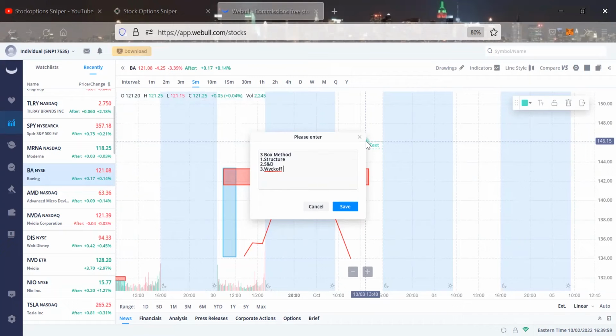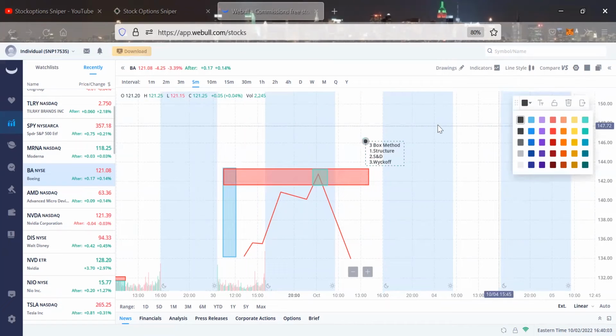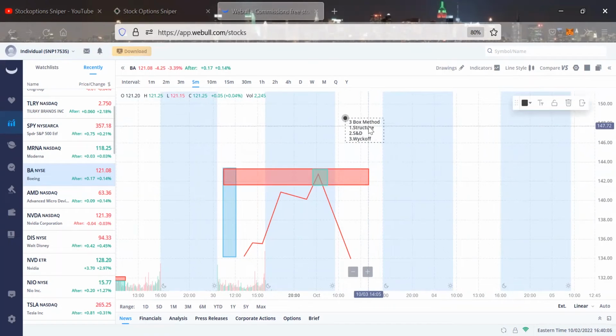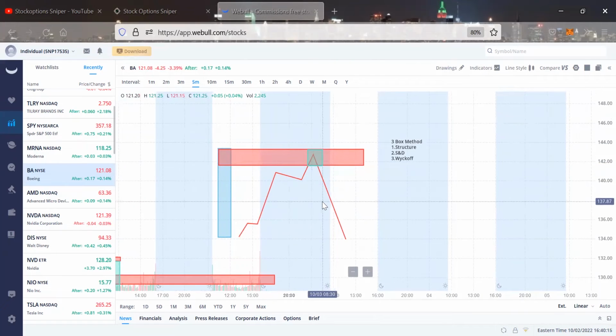Which is our confirm. Okay. We have the 3-box method right here. We have structure, SND, and Wyckoff, right? That's simple. And as you guys can see, we have it right here.